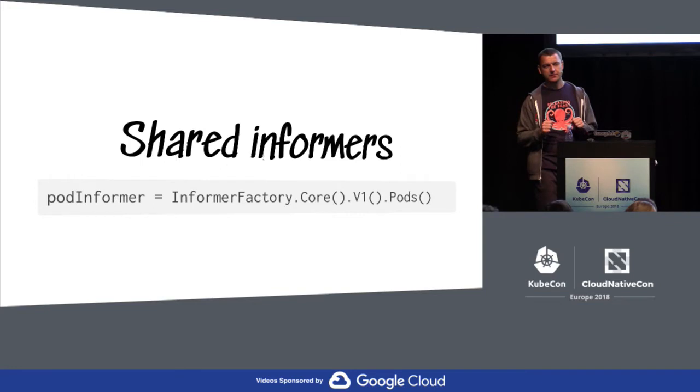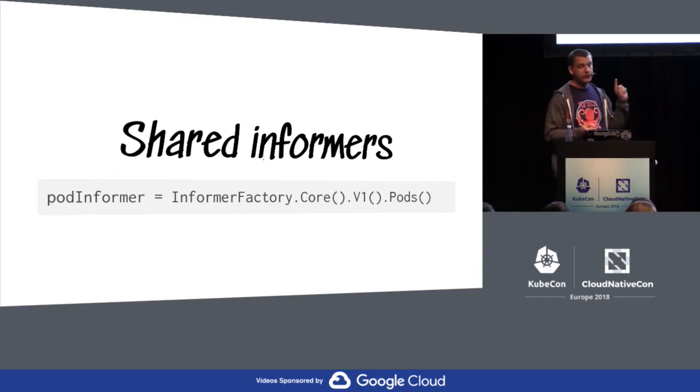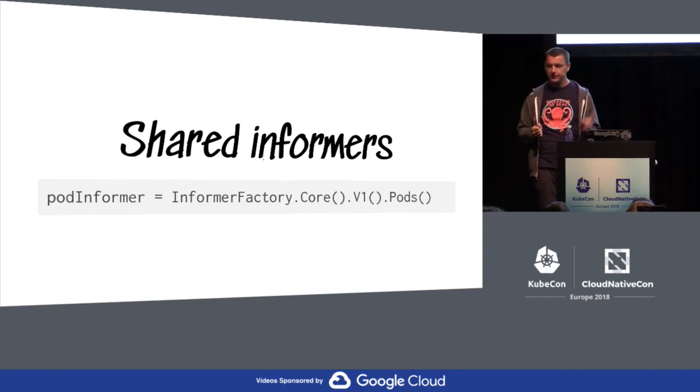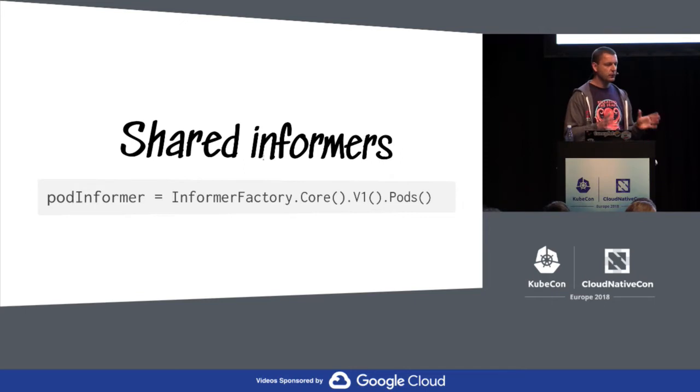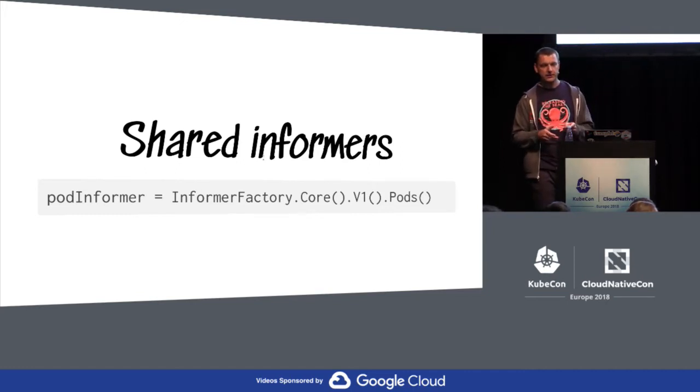I wrote it, but it has a major flaw. That major flaw is that it is not using the shared informers. And there's a very important reason for that. The CronJob controller was written before the shared informers were introduced. I need to find the time to rewrite the CronJob controller to use the shared informers.